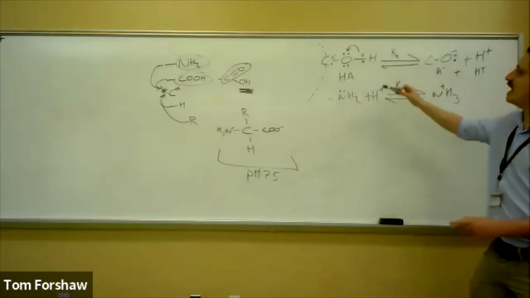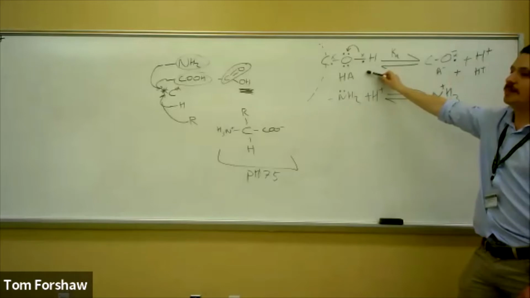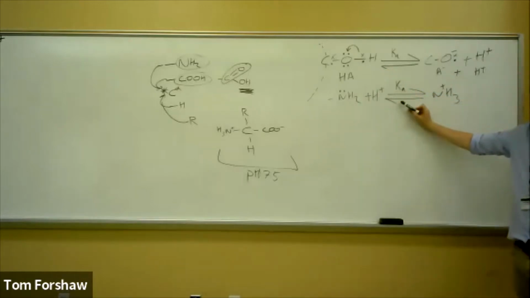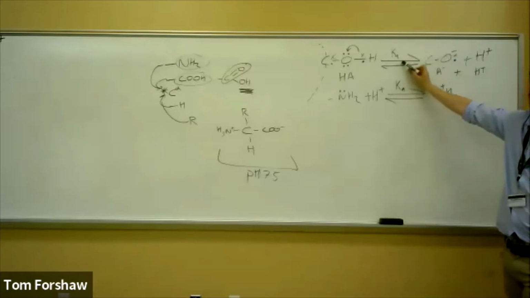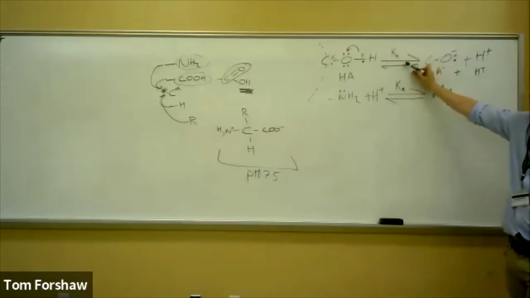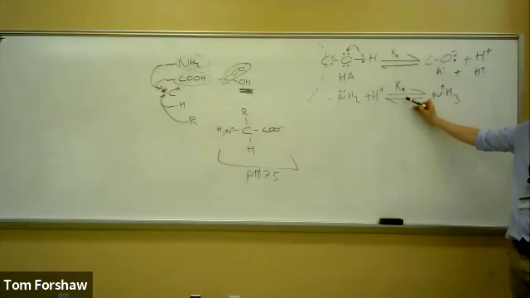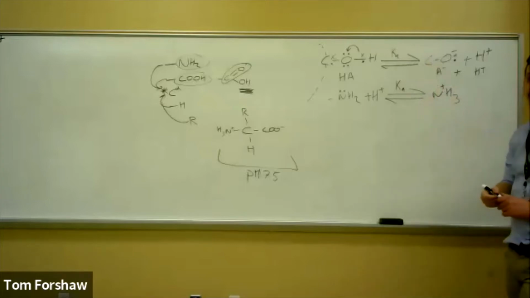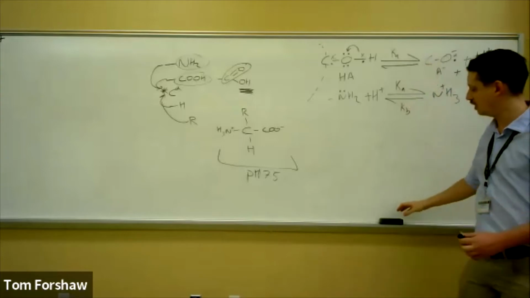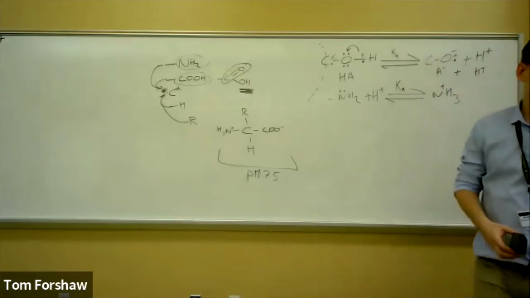But whereas the Ka for an acid may be quite low because it wants to give away a proton, the Ka for a base will be quite high, because it wants to receive a proton. It's sometimes even represented as Kb. We didn't really go into that before, and I'm not going to go into that again.